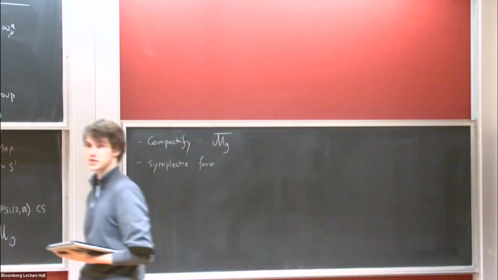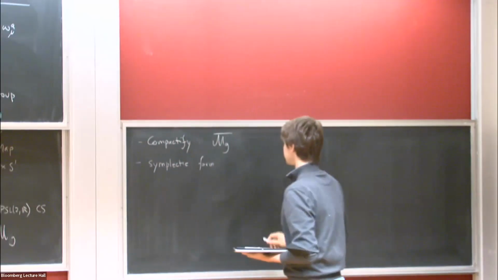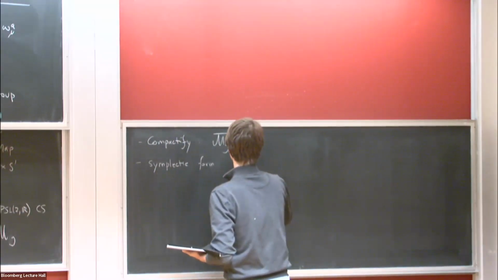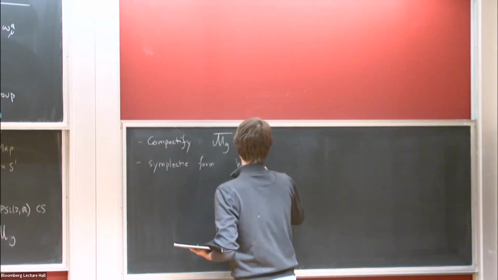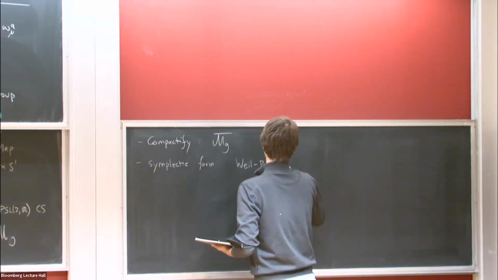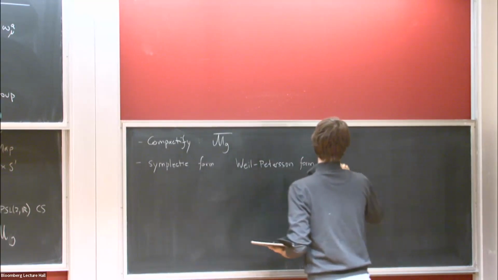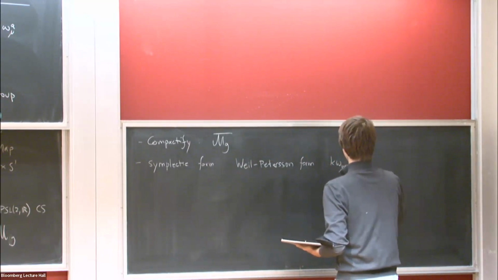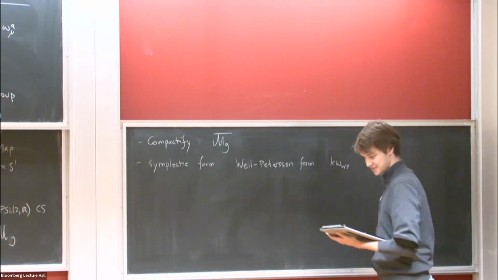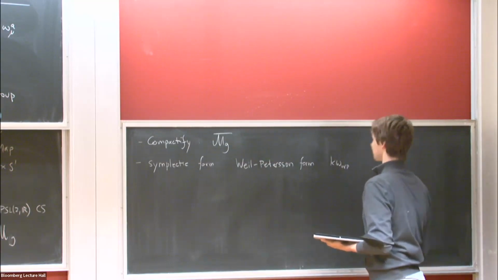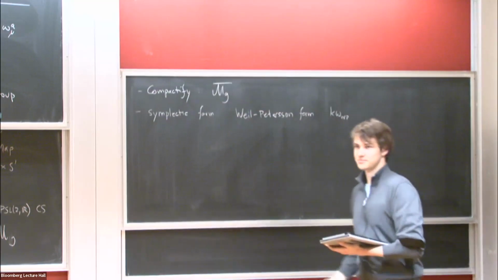For example, from the Chern-Simons perspective, you can easily see that the correct symplectic form is the Weil-Petersson form. Actually, it's k times the Weil-Petersson form, some normalization of it. I'm not worrying about factors of 2 pi.